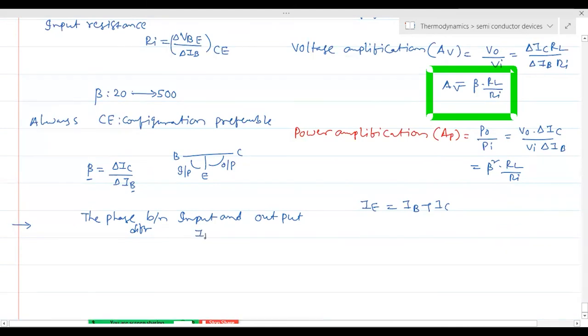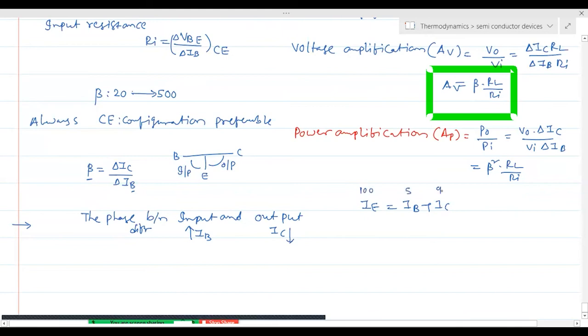But here the input is IB and the output is IC. So here you can see if IB is increased, automatically IC will decrease. In the previous example, we took 100 electrons, 5 and 95. Suppose more electrons are recombining, so the value 5 increases to 10. Then you are going to get 90. So when IB increases, IC decreases.